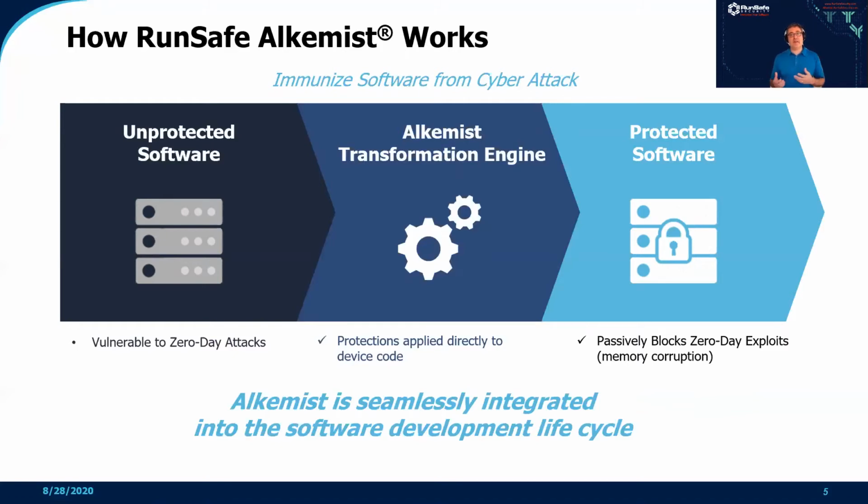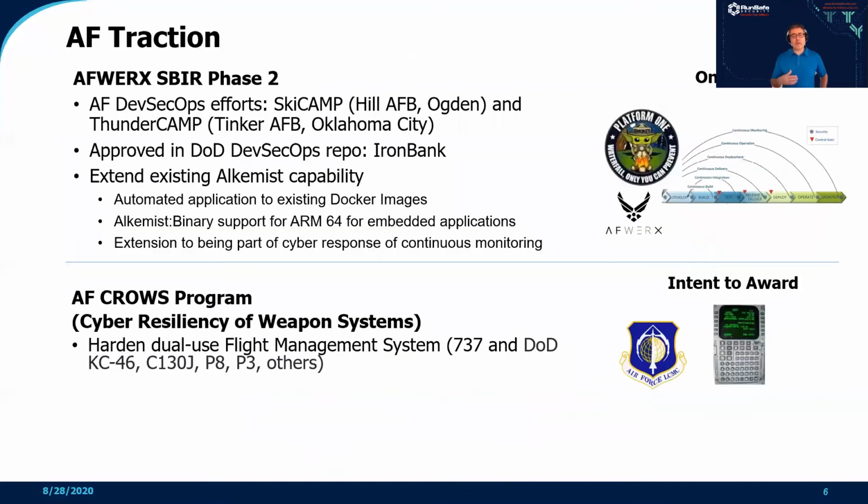The integration of Alkemist into your existing software and configuration management processes is straightforward. It's going to yield protected code that has that memory location randomization and denies the attacker the ability to exploit those memory corruption vulnerabilities.